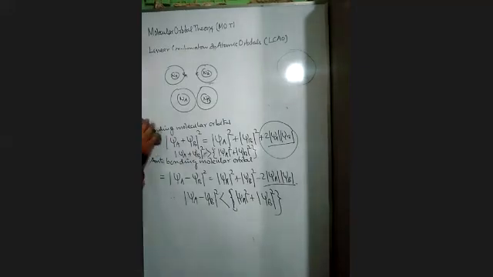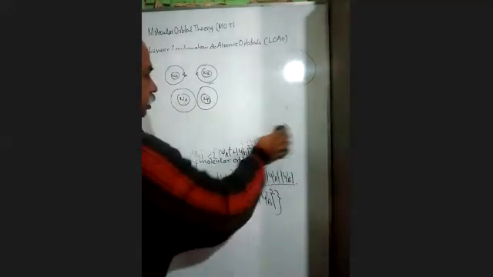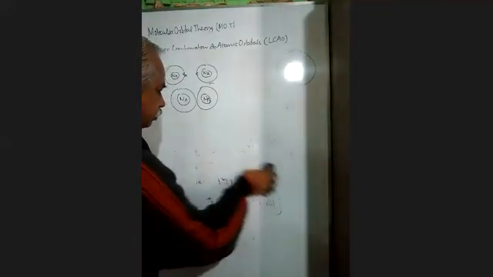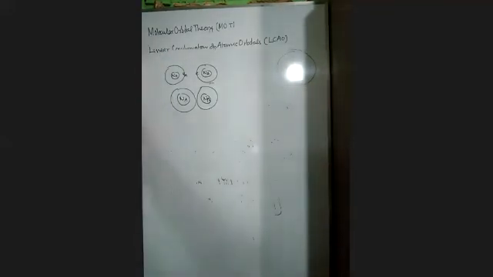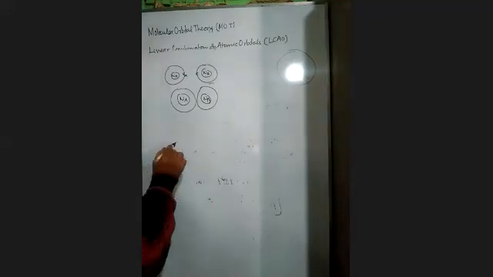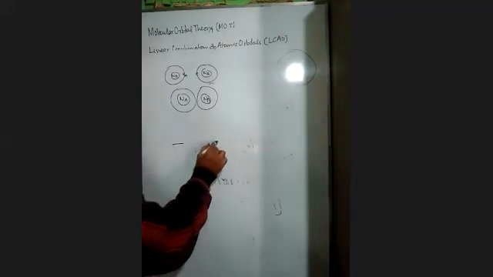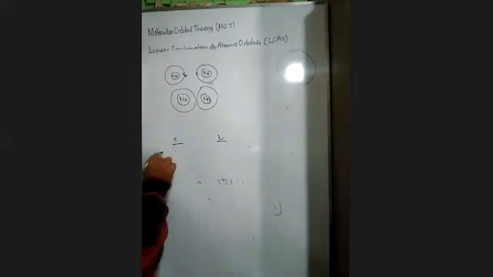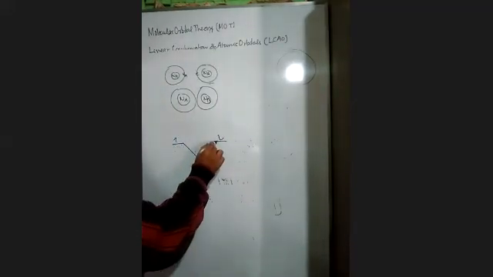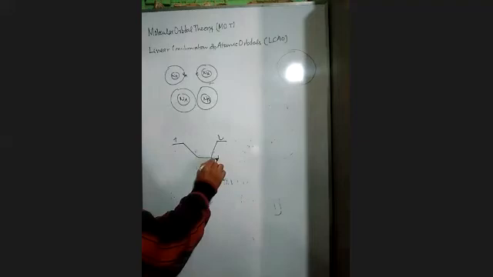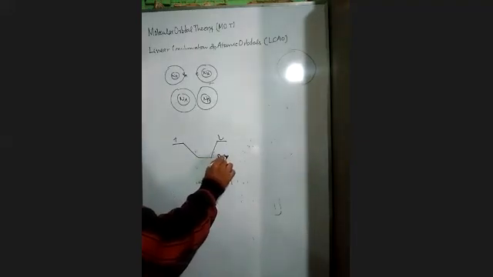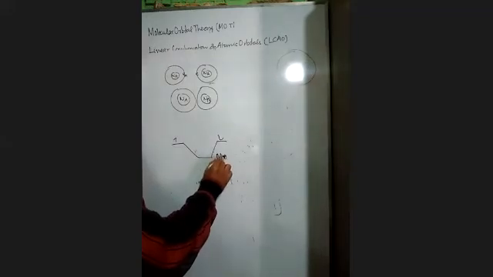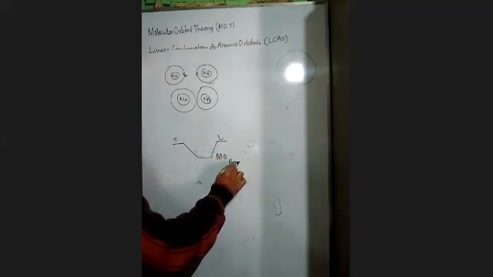Okay, see here now. So in that case, what can I do? Say we have an electron here and we have an electron here. All right, let me write it like this. In this case, you'll find this is the bonding molecular orbital.